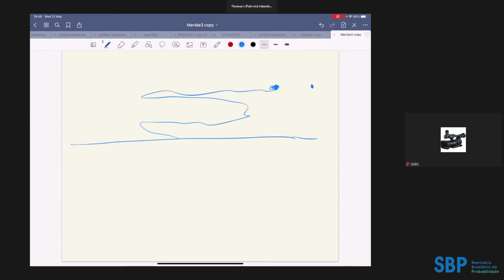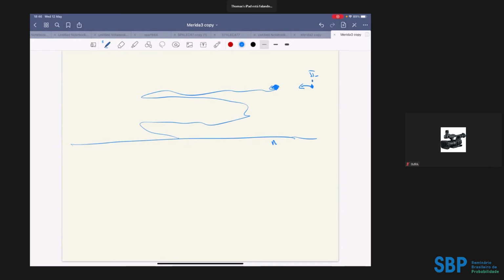But because we're currently at this time n here, the last move the Markov chain made was a move to the left.